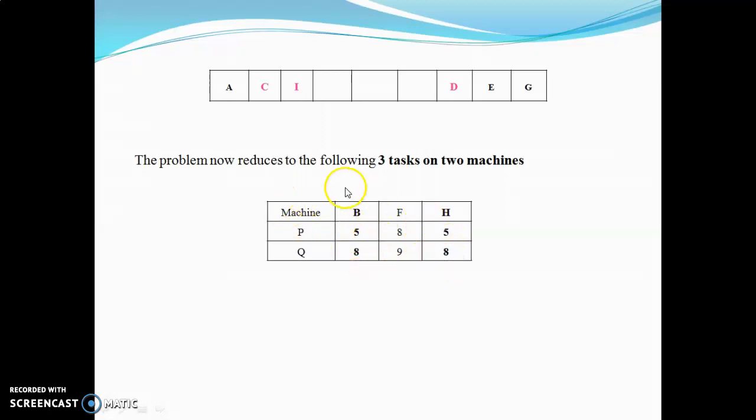Here there again are ties in the processing time on tasks B and H. In this reduced table, the minimum processing time is 5, which occurs for tasks B and H on machine P.